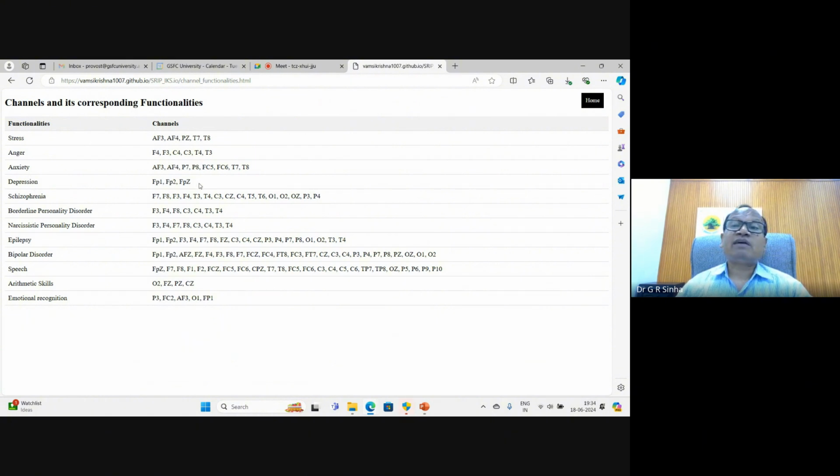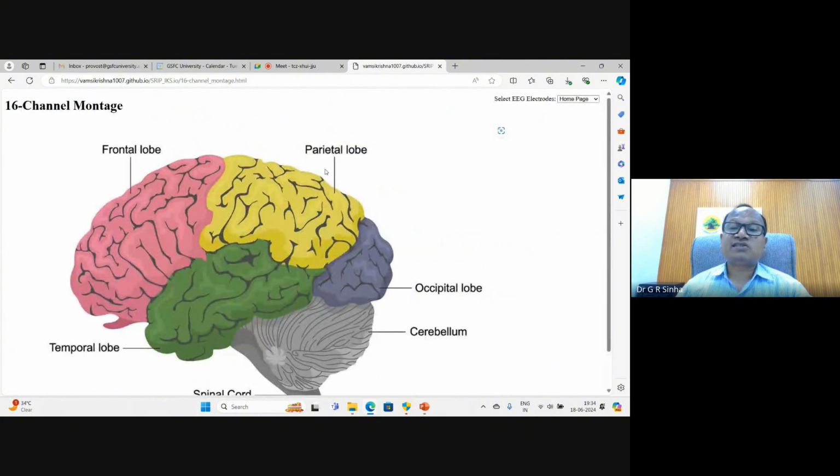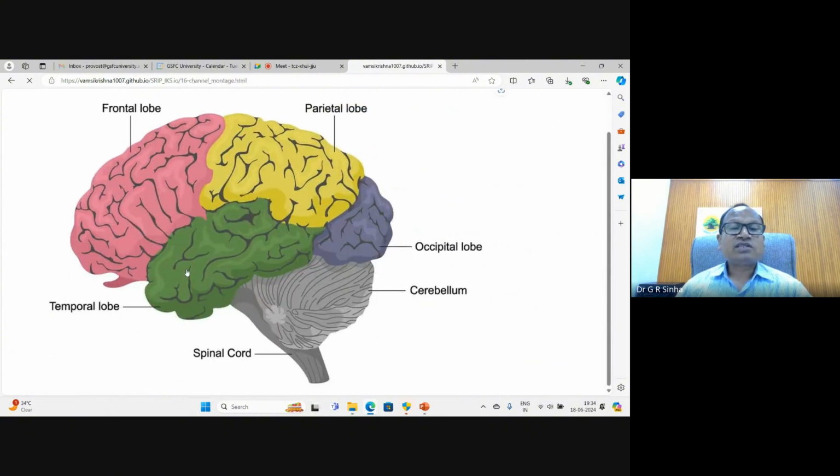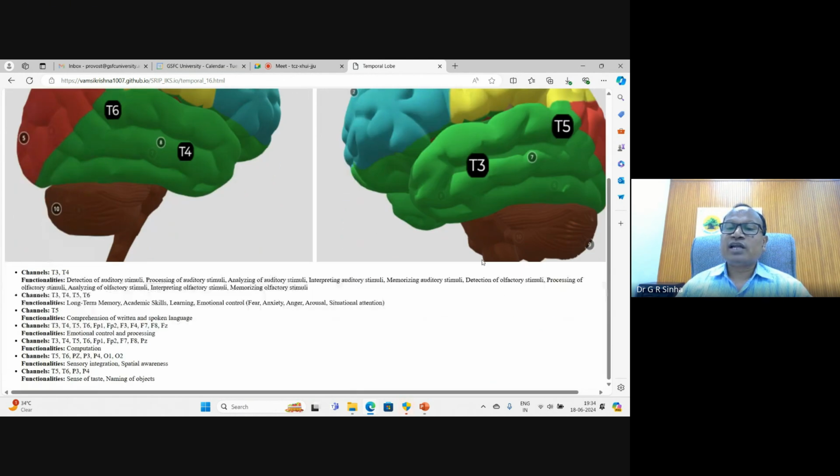FP1, FP2, and FP3. So why I'm explaining all these things, that this research is not only theoretical research, but you can do some practical research also. These are the temporal area, and how this temporal area are correlated.